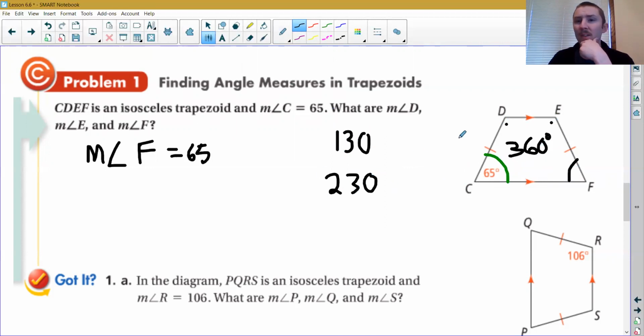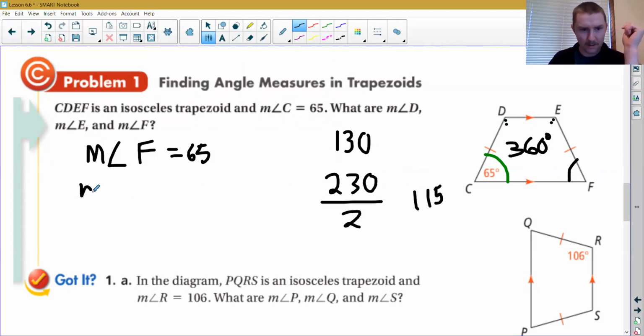Right? So this is what the top 2 angles together have to equal, 230 degrees, okay, to make 360 total. And then if I just divide it by 2, that should give me each one, right? Because I know they have to be the same. So 230 divided by 2 is 115 degrees.